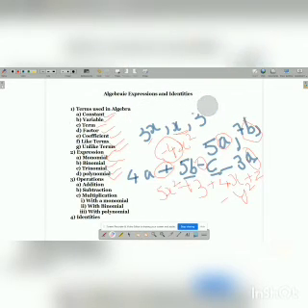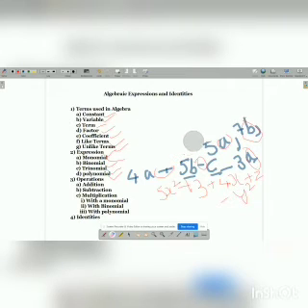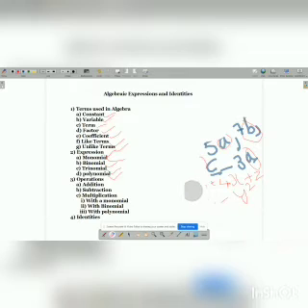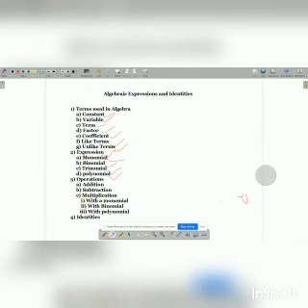What are the terms used in algebra? Those are constant, literal meaning variable, term, factor, coefficient, like terms, unlike terms. And next we have seen what is an expression and the types of expressions.